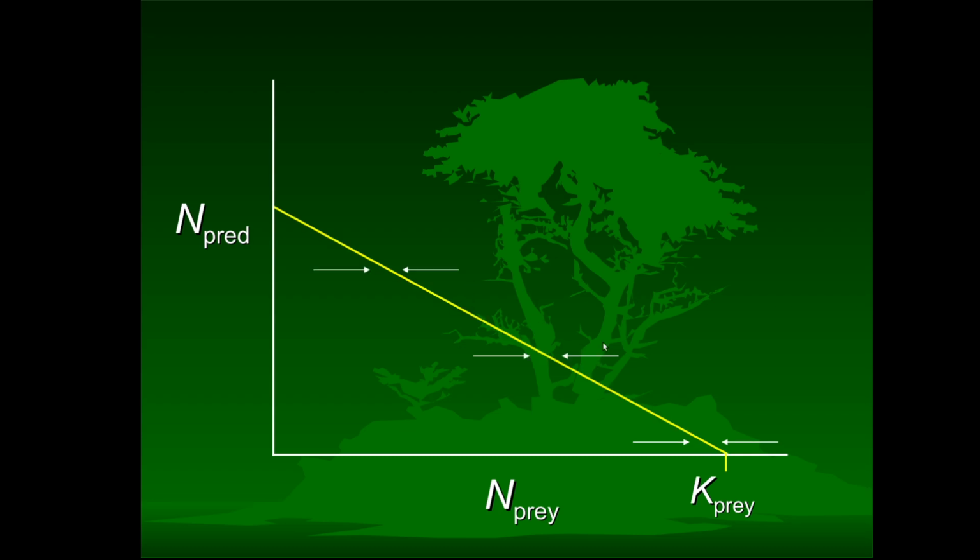Okay, so if we start here and start adding predators, the carrying capacity is going to go down, down, down as predators increase because the fitness of the prey is going down until we get to the shutout level of the predator right here. If the predator increases beyond this density, then the prey can no longer exist, and it's basically driven to extinction. So this is the prey's zero growth isocline right here.